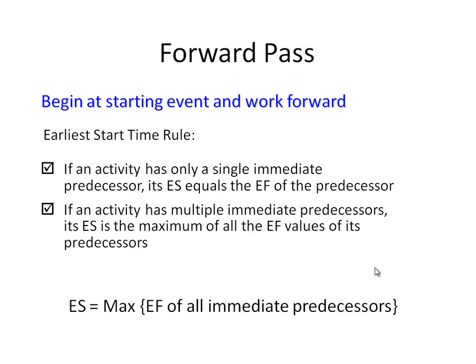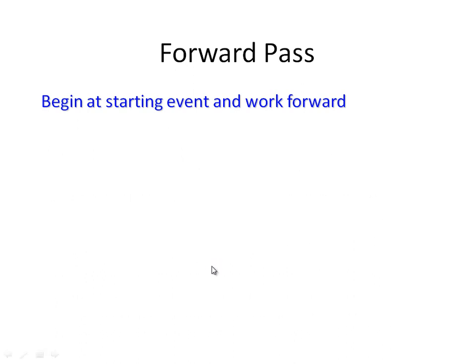And if an activity has multiple immediate predecessors, its early start is the maximum of all of the earliest finish values of its predecessors. You will understand that once we start going over the network diagram and building the diagram.